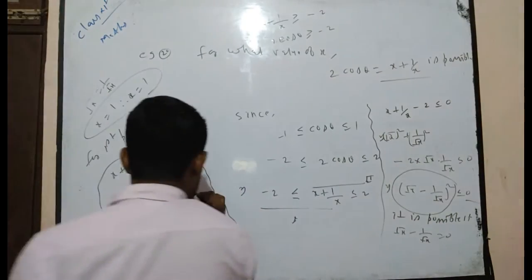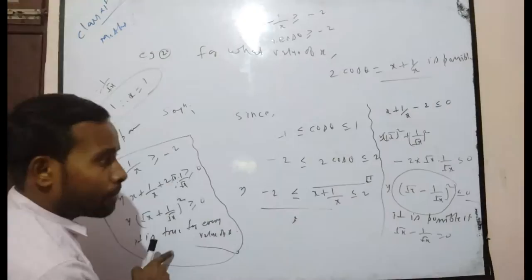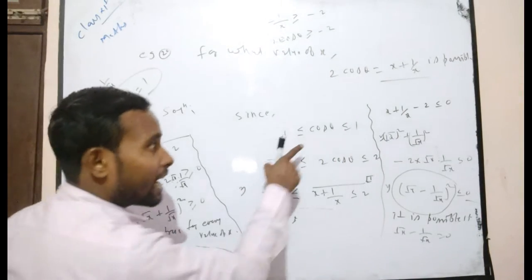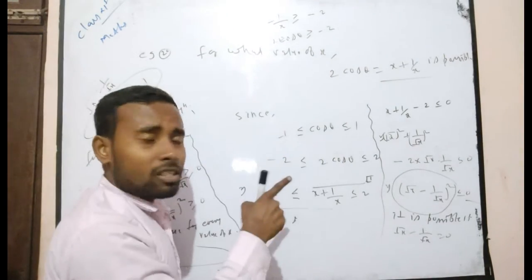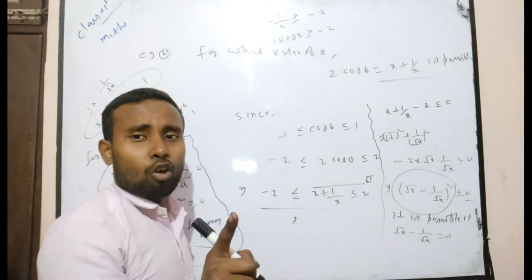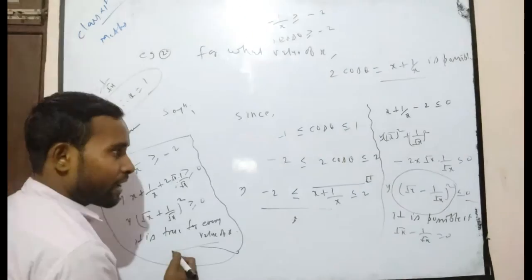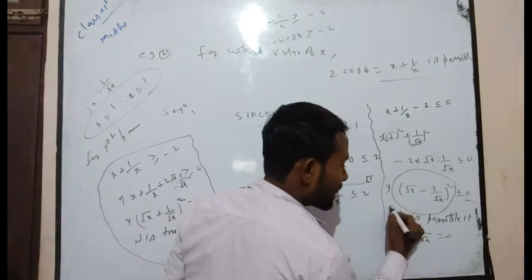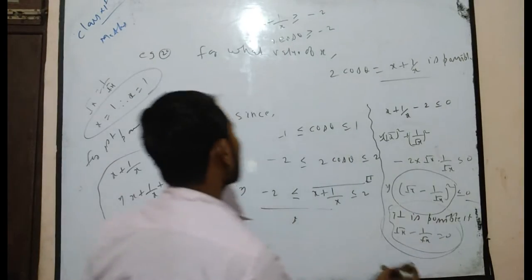But you don't consider only algebraically. You have to also consider cosine. Here it is given a trigonometric function, cos theta. It is true for all values of x, but it is not true in that case. From this condition you get x is equal to 1.